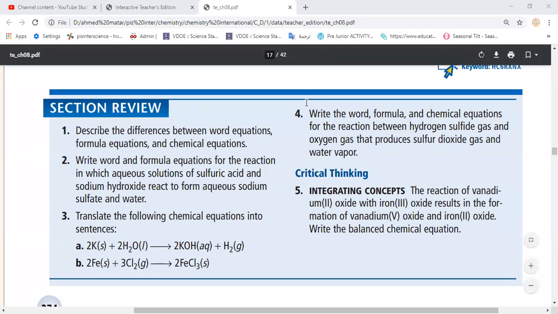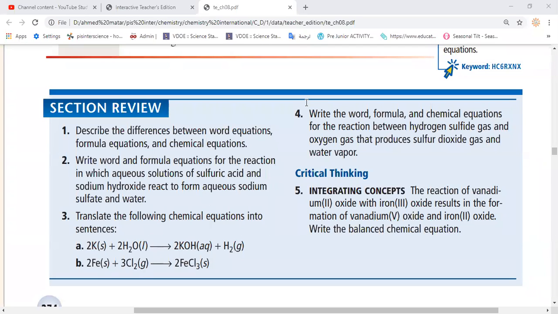So we need to know what the difference is between chemical equation, formula equation, and word equation. Anyone have an answer, guys?